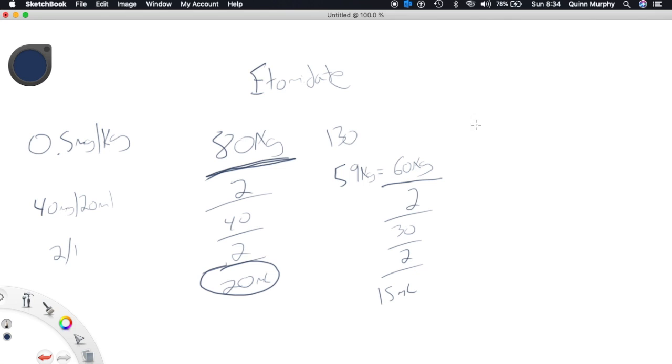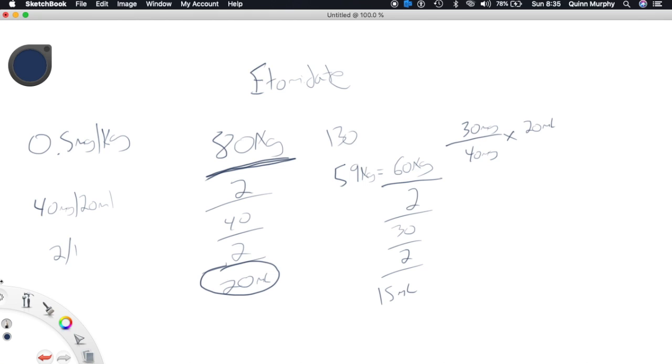So let's just verify that this method works. We're going to give 30 milligrams, so there's 60 kilograms times 0.5, we're giving 30 milligrams of etomidate. We got 40 milligrams on board, and we got 20 mLs total volume.